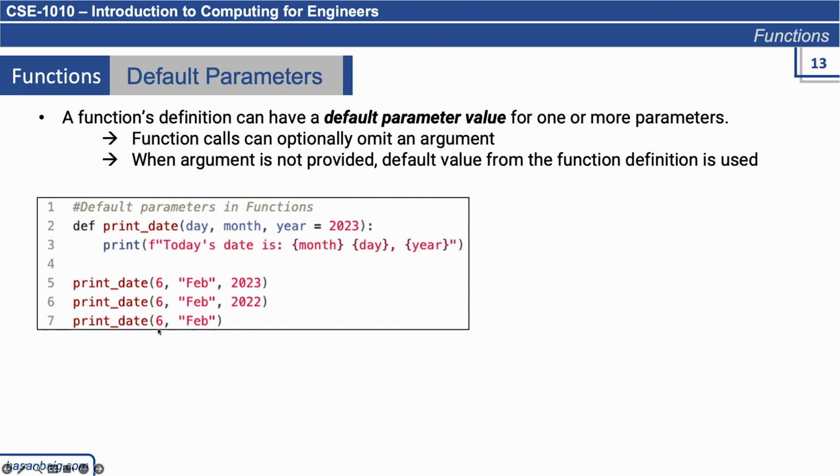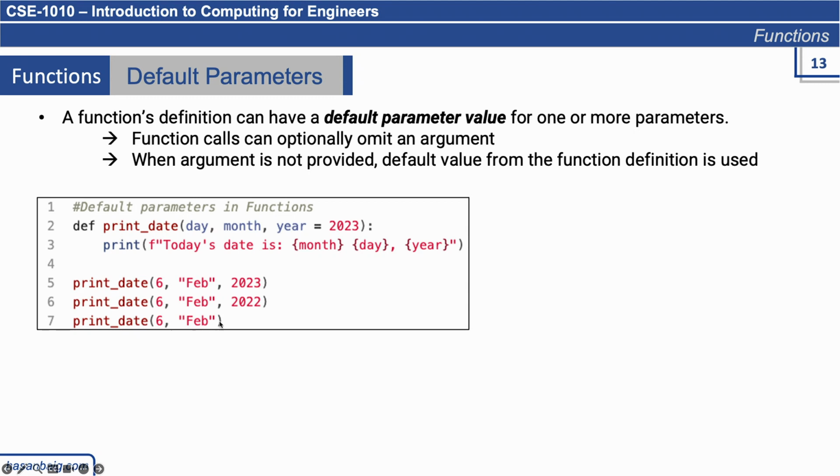In the third one, we only specified day and month. We did not pass the third argument, so the default value that we have already defined in the function definition will be substituted.